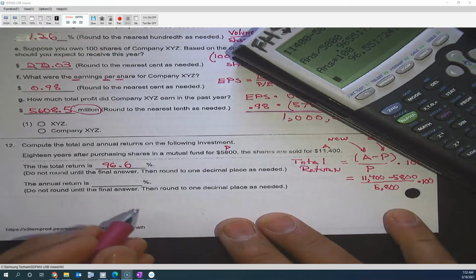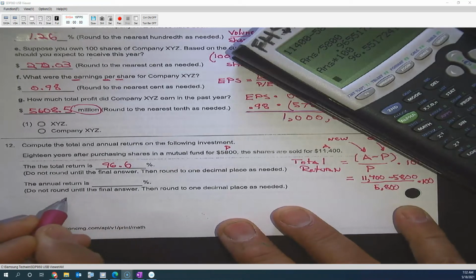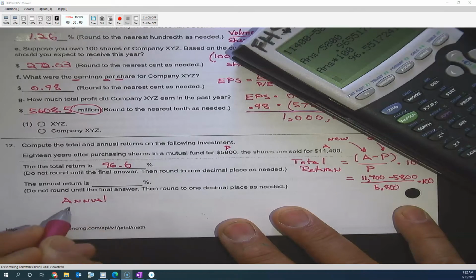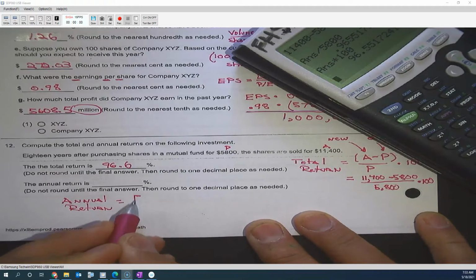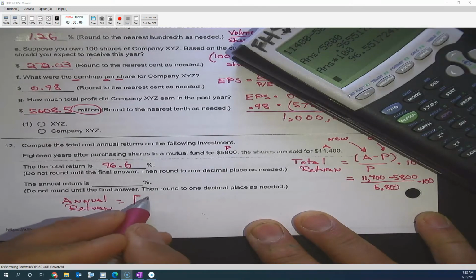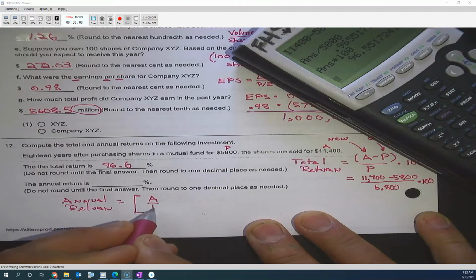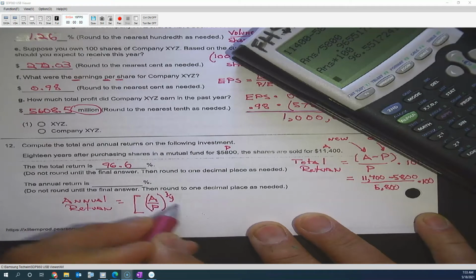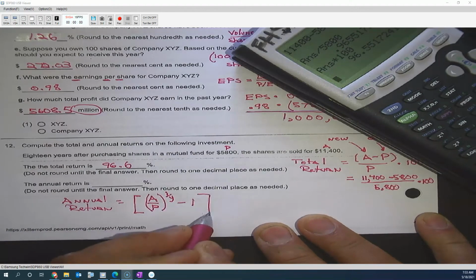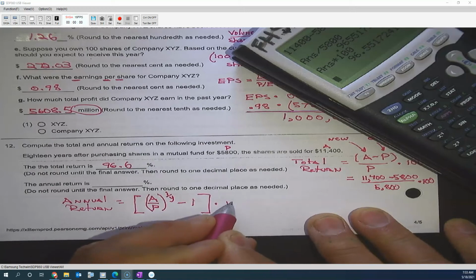Okay, annual return. Okay, so to do the annual, all right, going to do A over P to the 1 over Y, minus 1, times 100.